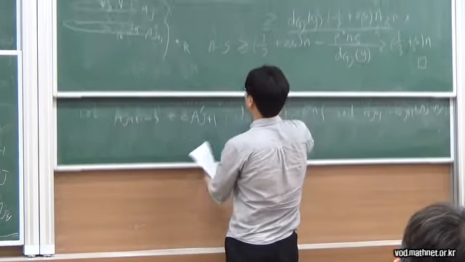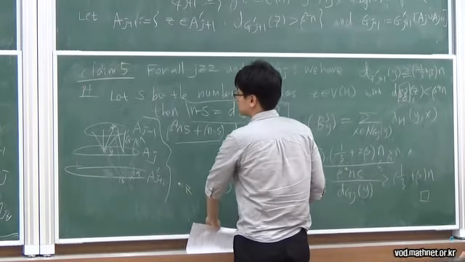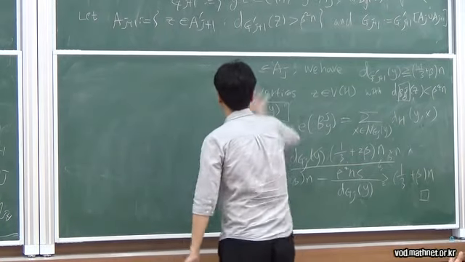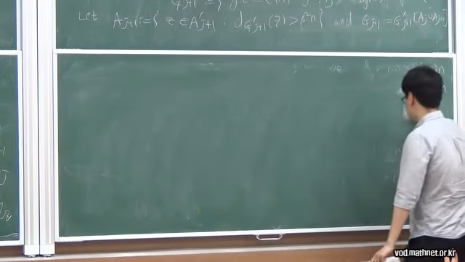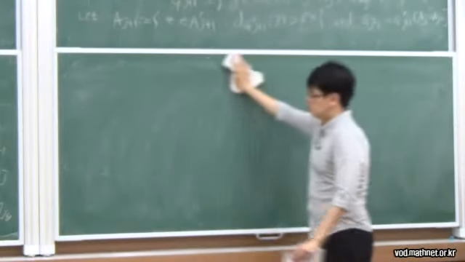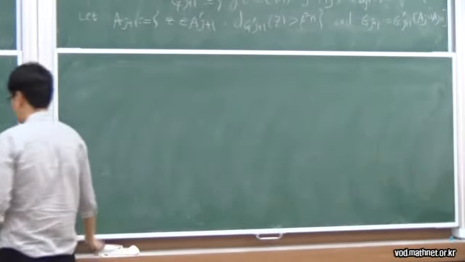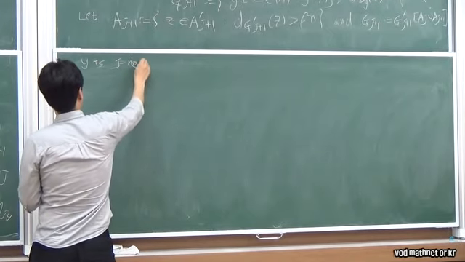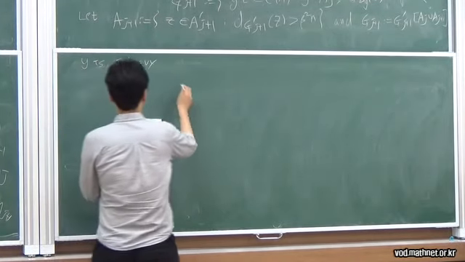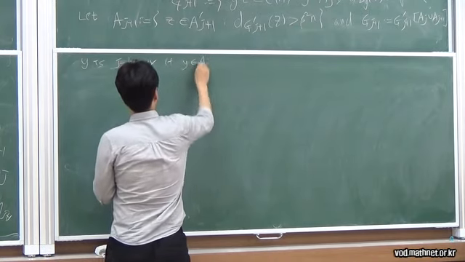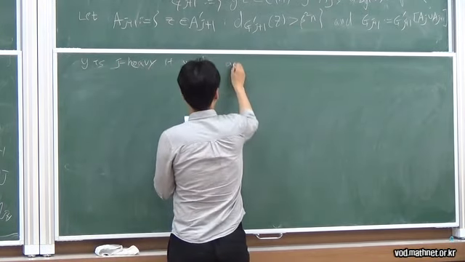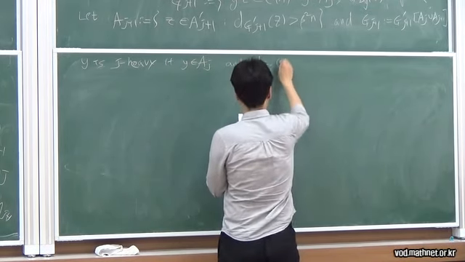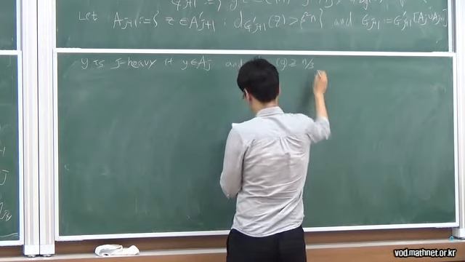Let's keep this definition, and I will just write this again. So let's say Y is J heavy if Y is in A_J and degree of Y in G_J is at least n over 3.